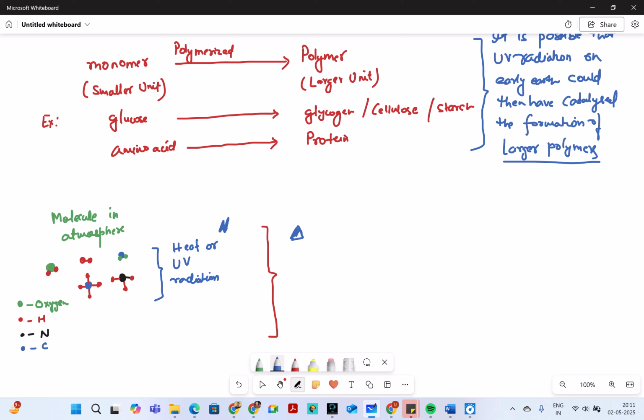So all these amino acids later on formed a protein structure like this, right? So these are protein.